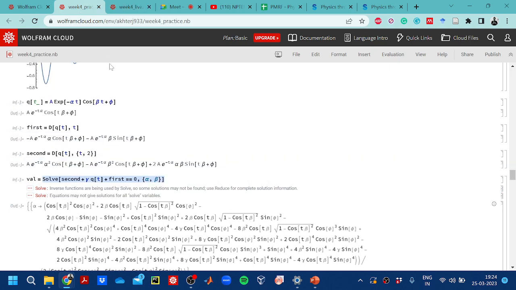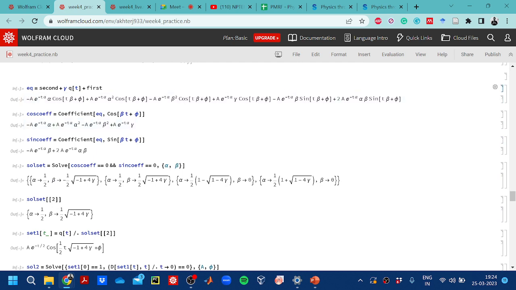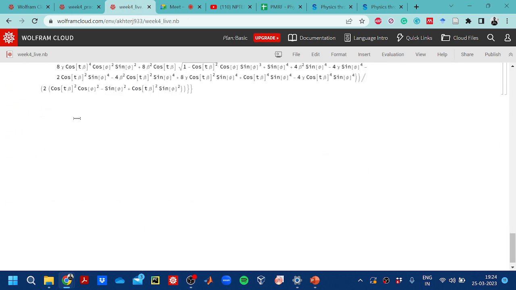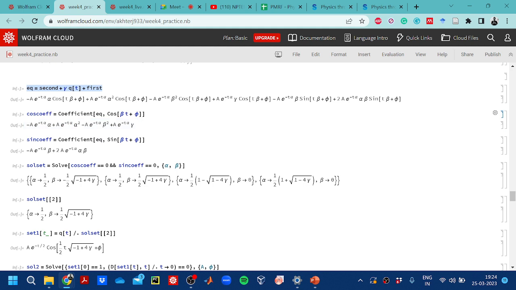For that we have to write down this command. So let us denote the equation first. So this is our equation, and from that equation we want to collect the coefficient of this cosine term. So we have to write down this command.